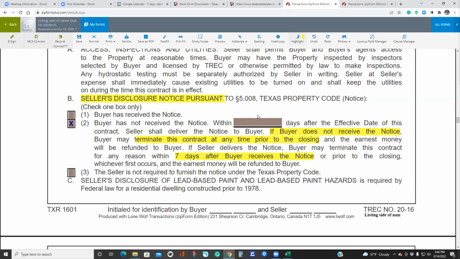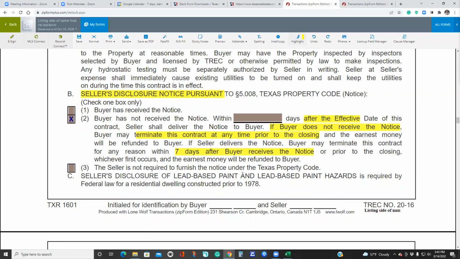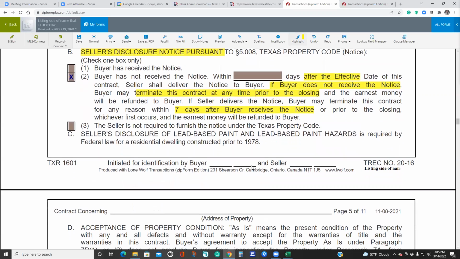So if I put 5 days in here from the effective date, and that's after the effective date right there, right? If I put 5 days in here, I've just given them a 12-day option period. In essence. Everybody okay?